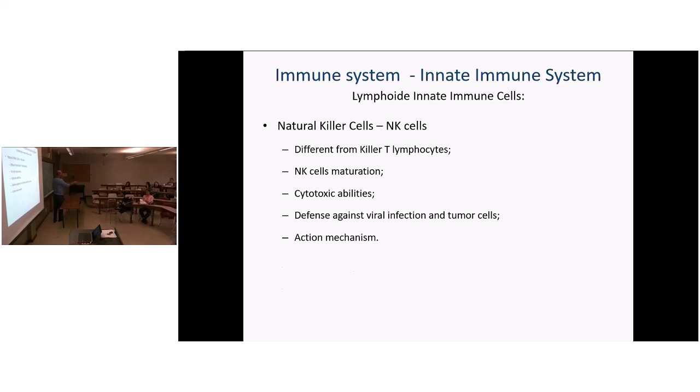Oh, I recognize you. You're an old friend. I know who you are. Kill. So you do have some of the neutrophils doing that. You have some of the macrophages doing that. You have some of the basophils doing that. But then you also have these natural killer cells.